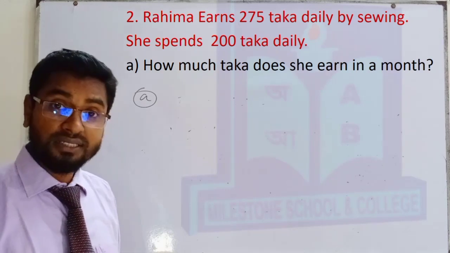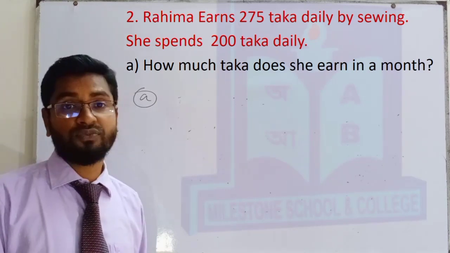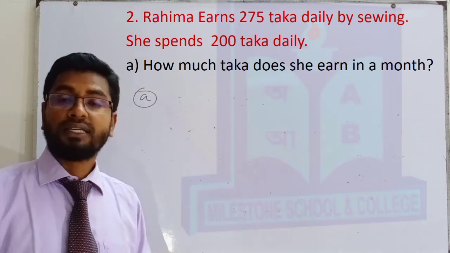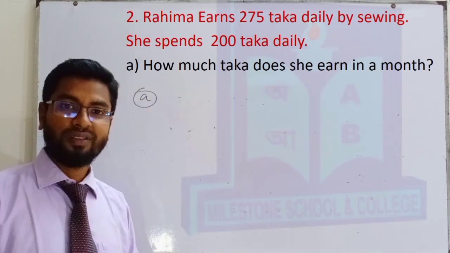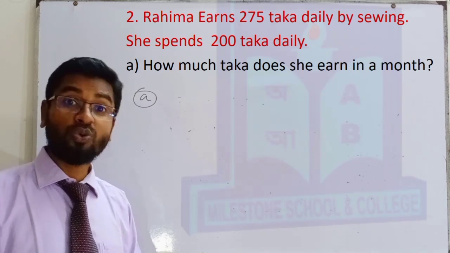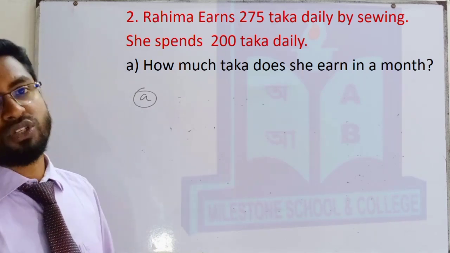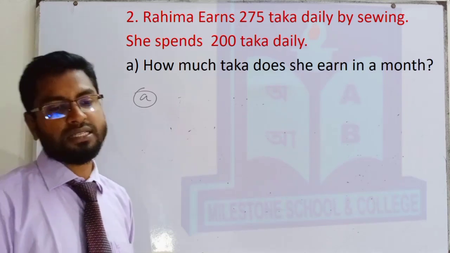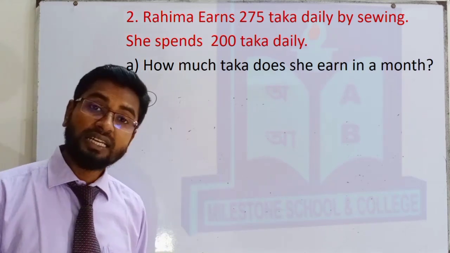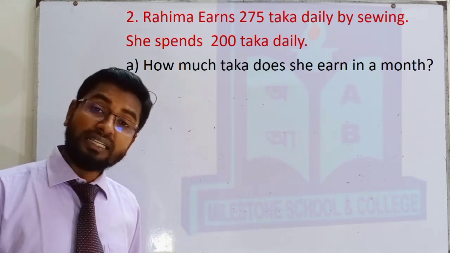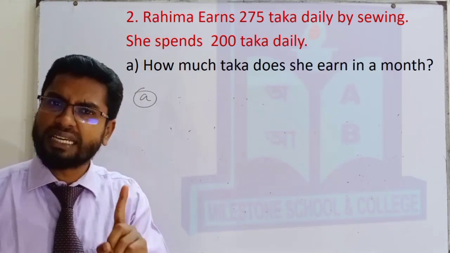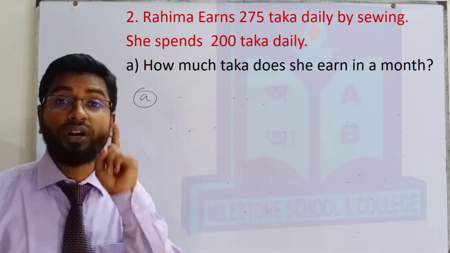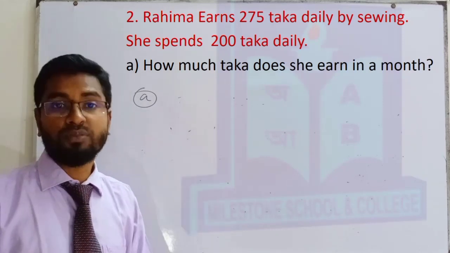Rahima earns 275 taka daily by sewing. Then she spends 200 taka daily. The first question is, how much taka does she earn in a month? We got one clue: in a day, that means daily. In one day, she earns how much taka?